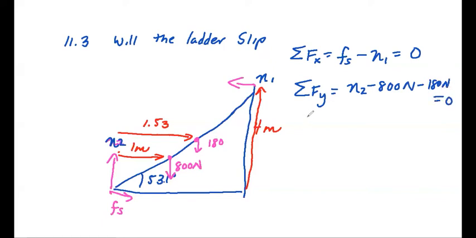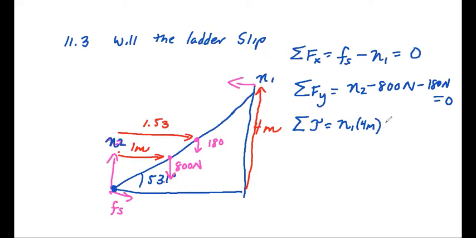Now you're going to take the sum of the torques about this point here, right? This is where it's going to slip. We're going to have N1 times a lever arm of 4 meters. That gives you a counterclockwise torque, and that's going to be positive.